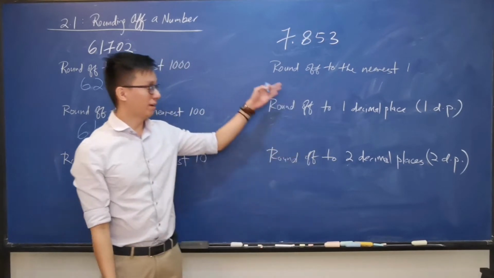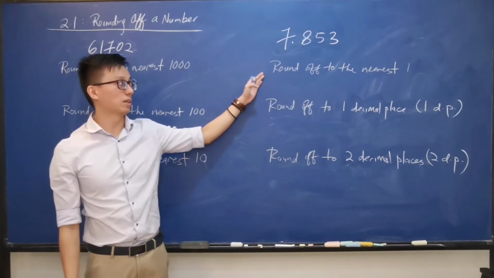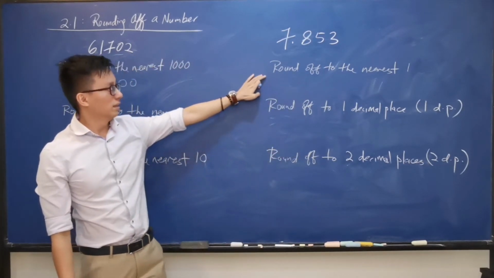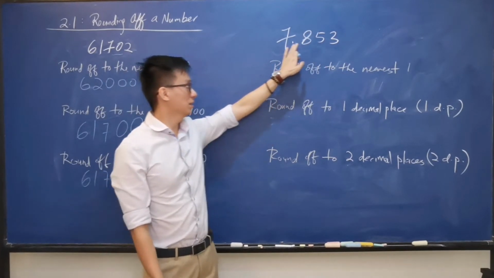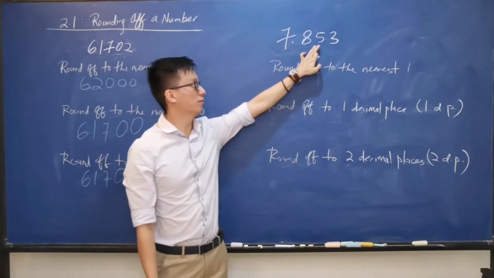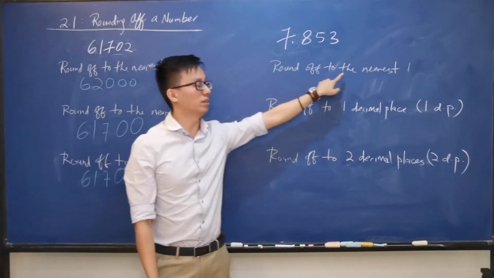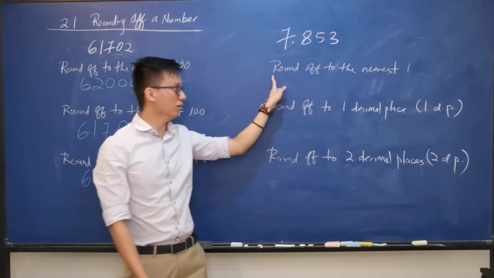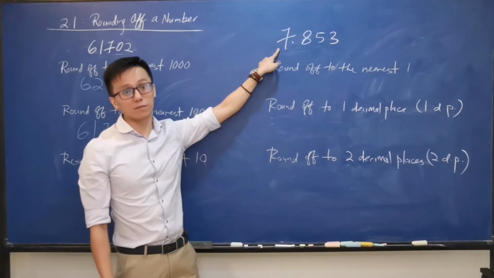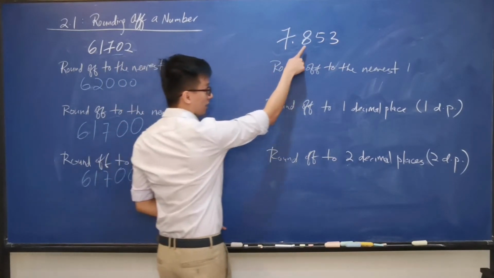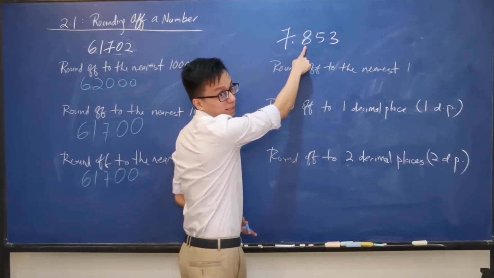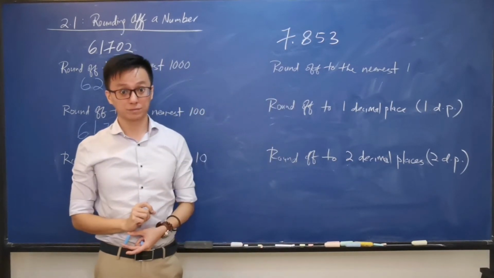How about we round off a decimal number? If I have the decimal number 7.853, now I'm going to round this off to the nearest one. To do this, we have to take the digit at the first decimal place to make a decision.